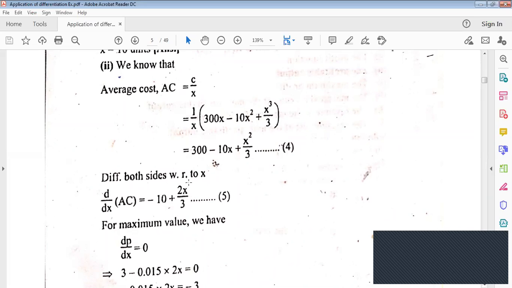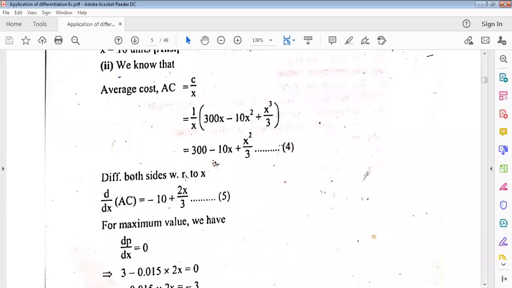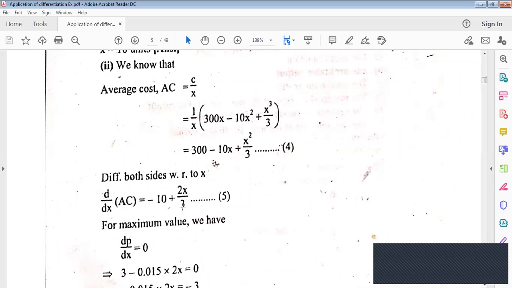Now again differentiating this, if we take the double differentiation, then this will be 0 and x differentiation will be 1. That means 2 by 3, which is positive. That means the average cost is minimum, since the double differentiation is positive. Actually there is a mistake there.